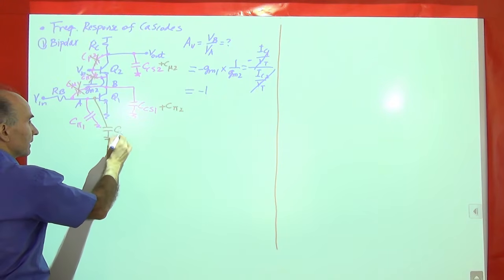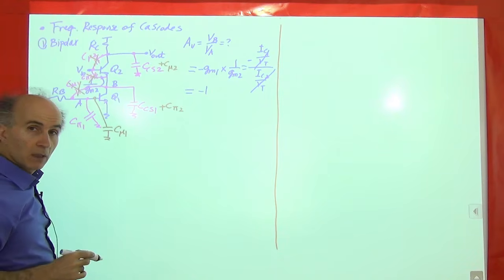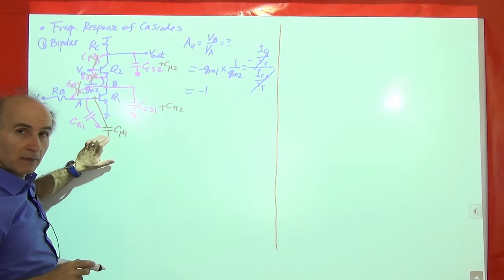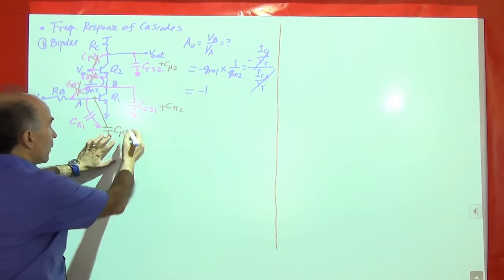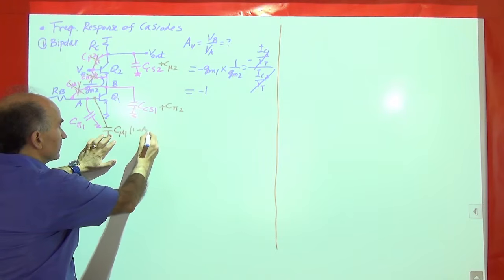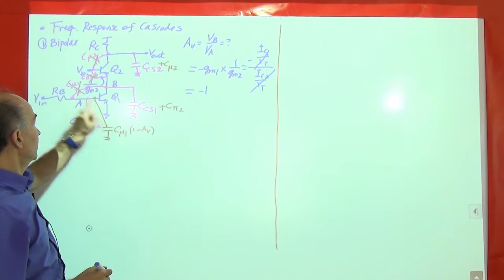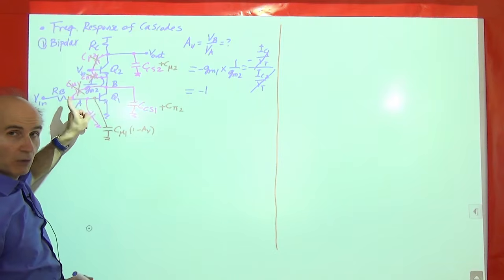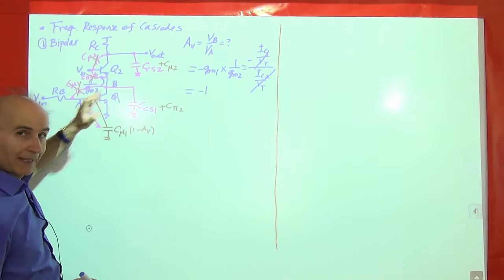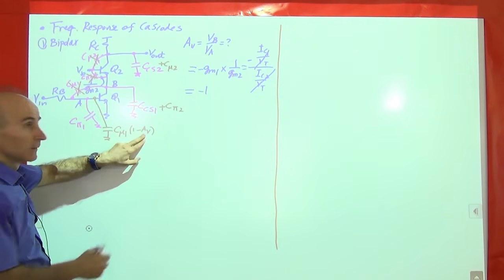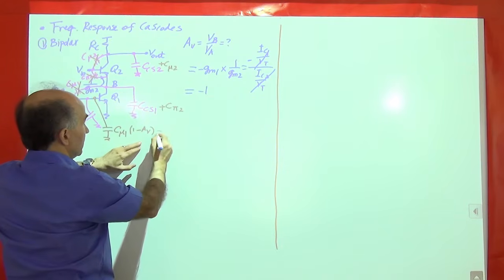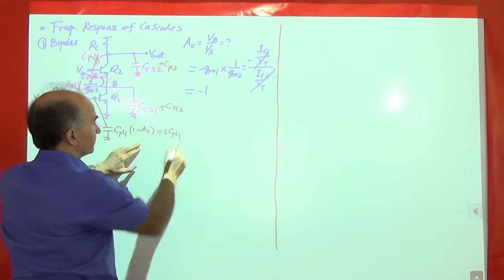How much is that? Miller says take the capacitor, multiply it by 1 minus AV. Right? AV is the voltage gain from here to here. Remember we called this node P, node Q. So now we call it A and B. How much is AV? We just found it, right? So that's just 2 C mu 1.